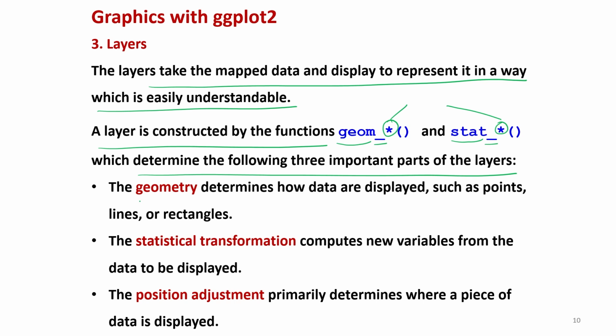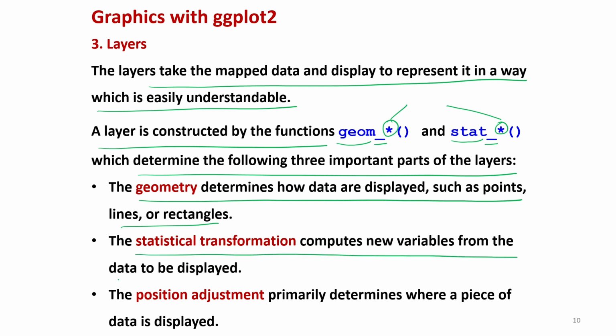The geometry determines how data are displayed, for example, as points, lines, rectangles or something else. The statistical transformation computes new variables from the data to be displayed. And the position adjustment primarily determines where a piece of data is displayed, the location.